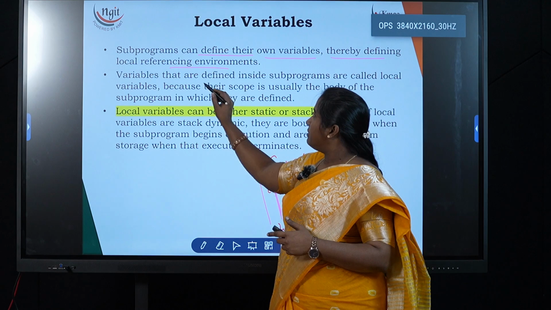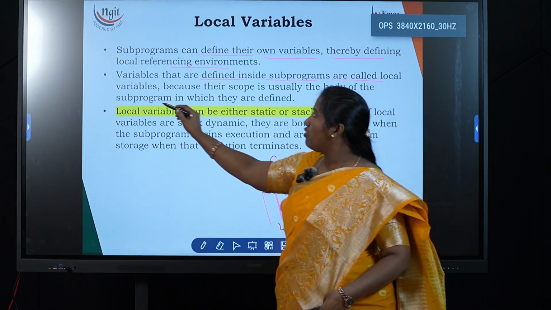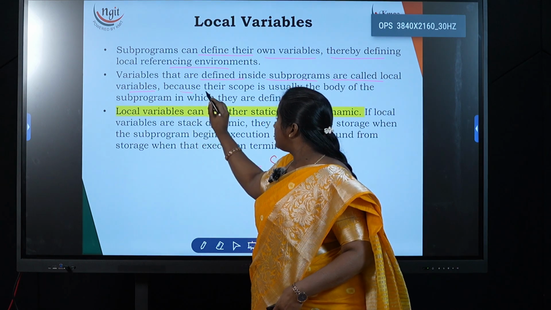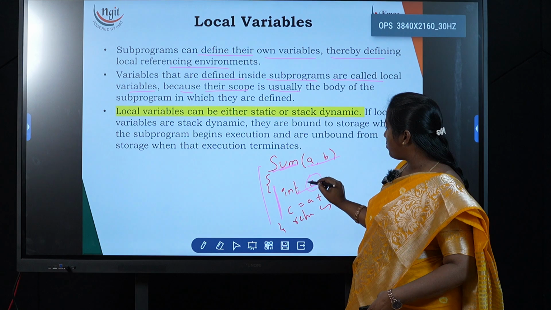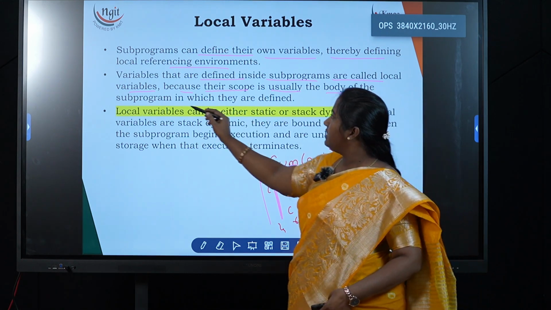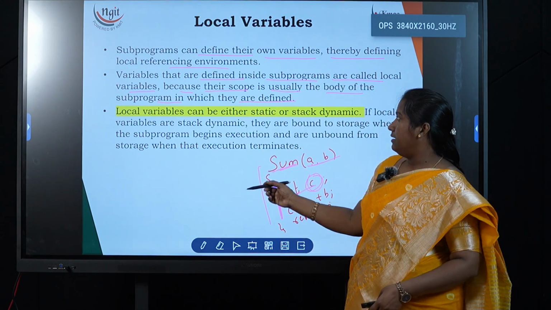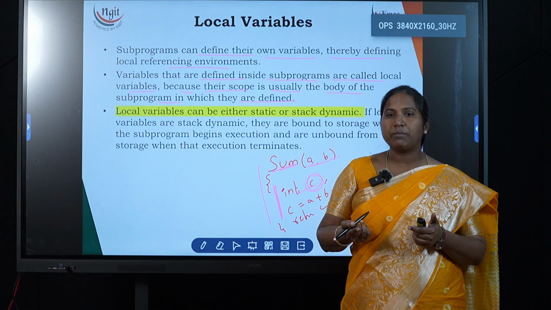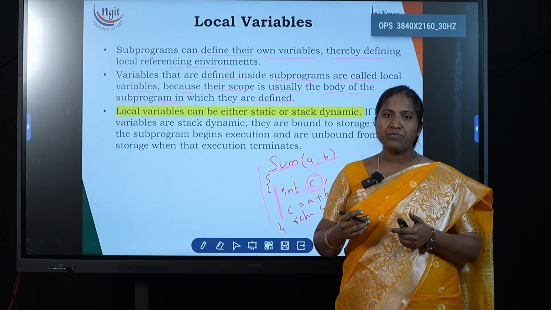Variables defined inside subprograms are called local variables because their scope, as we discussed, is usually the body of the subprogram in which they are defined.